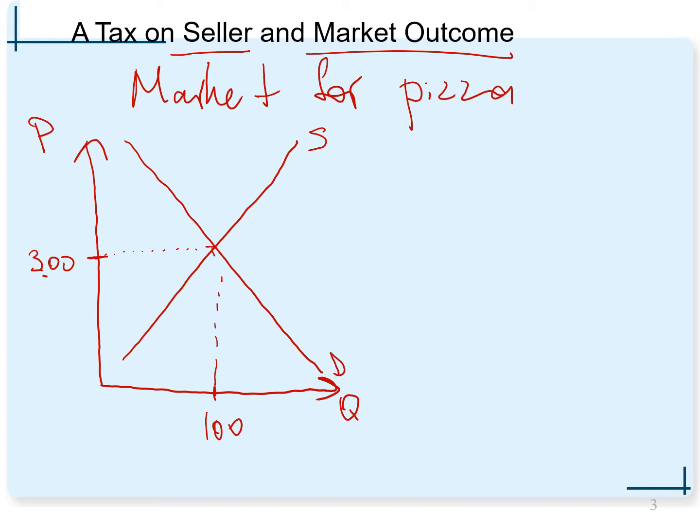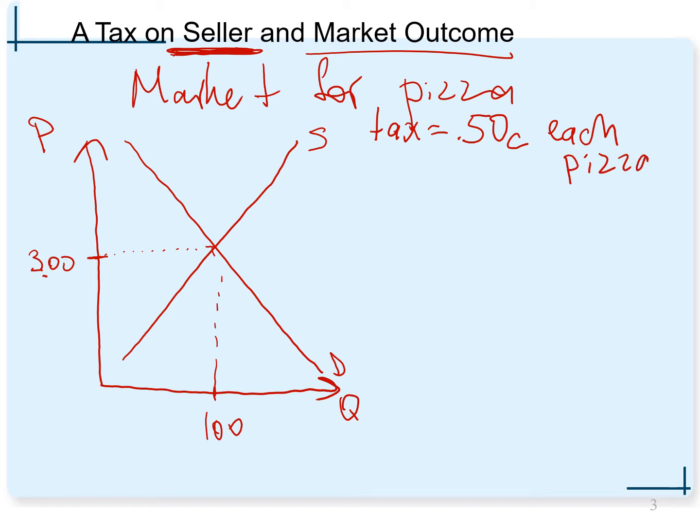Now, government decided to say, well, you know what, we need to finance some kind of project, and we're going to impose tax on each unit of pizza in the amount of 50 cents, and we're going to collect this tax from seller. So we imposing tax in the amount of 50 cents on each unit of pizza.